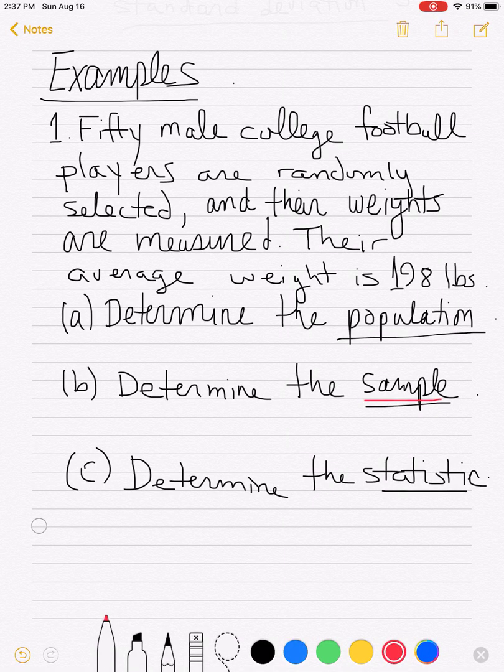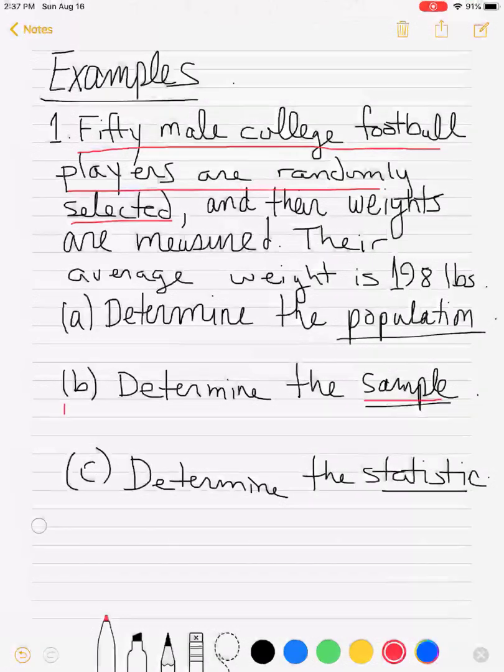It looks like 50 male college football players are randomly selected, and their weights are measured, and their average weight is 198 pounds. So here we're taking a sample of 50 male college football players.